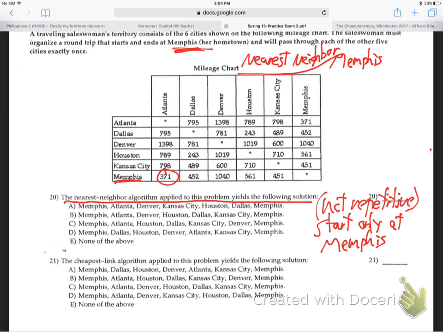The 371, huh? That's Atlanta. Atlanta is the closest city to you. Is that making sense? So I'm going to go Memphis to Atlanta. Good so far? If I'm sitting in Memphis, the closest city to me is Atlanta for 371.